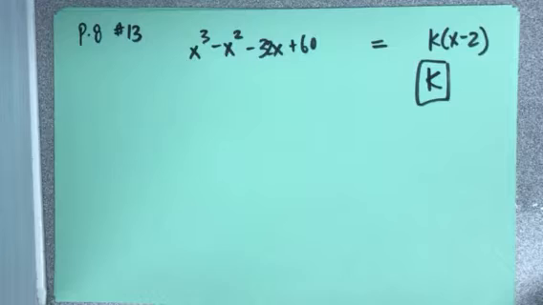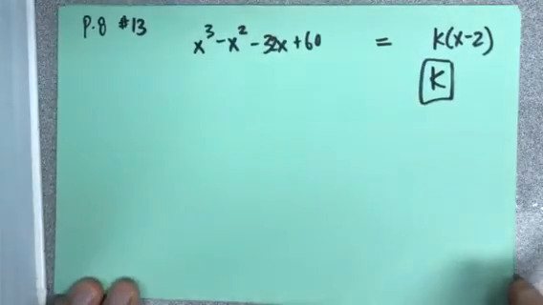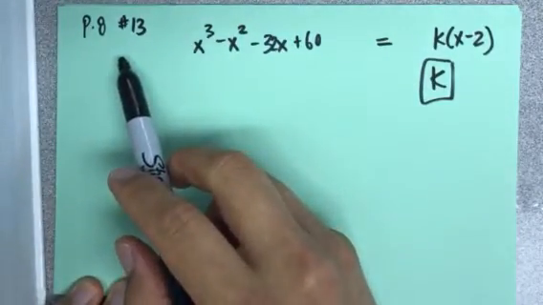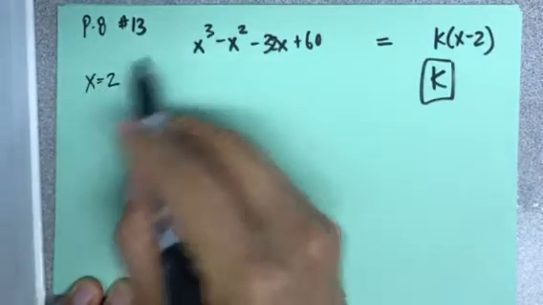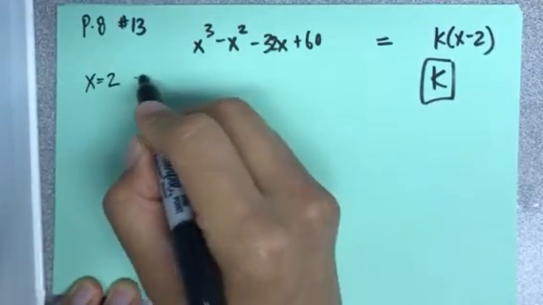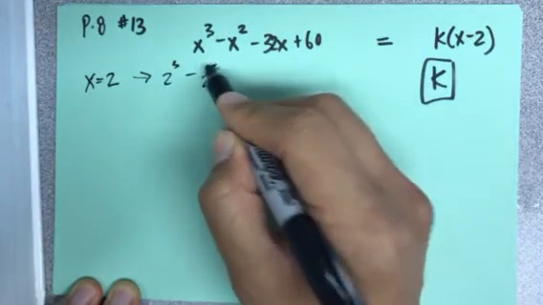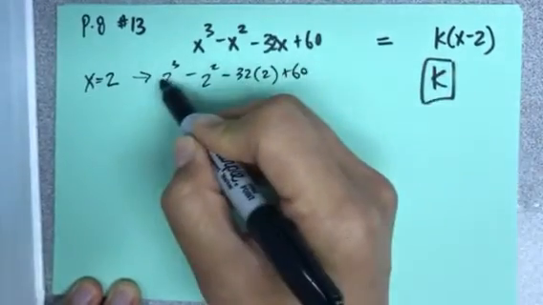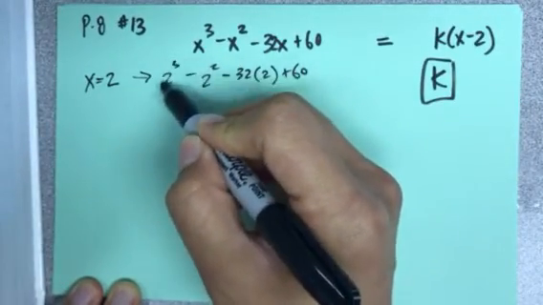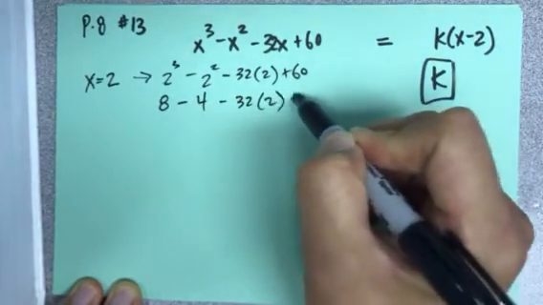So again, you're going to plug in a number. For this one, I always tell you to start off with 2, but let's just try it so you'll see why we're not going to use 2. If you plug 2 in here, that's 2 to the 3rd power minus 2 to the 2nd power minus 32 times 2 plus 60. 2 times 2 is 4, 4 times 2 is 8, minus 4, minus 32 times 2, plus 60.